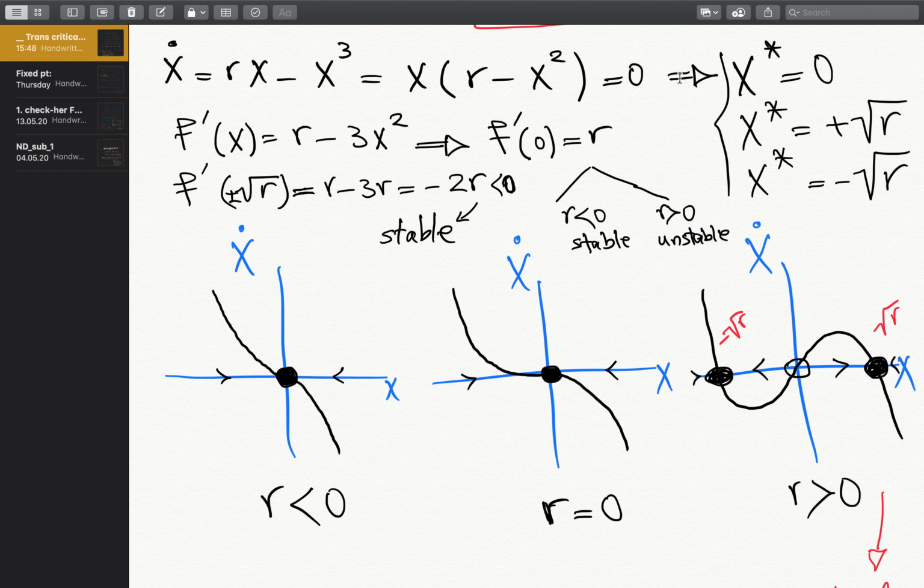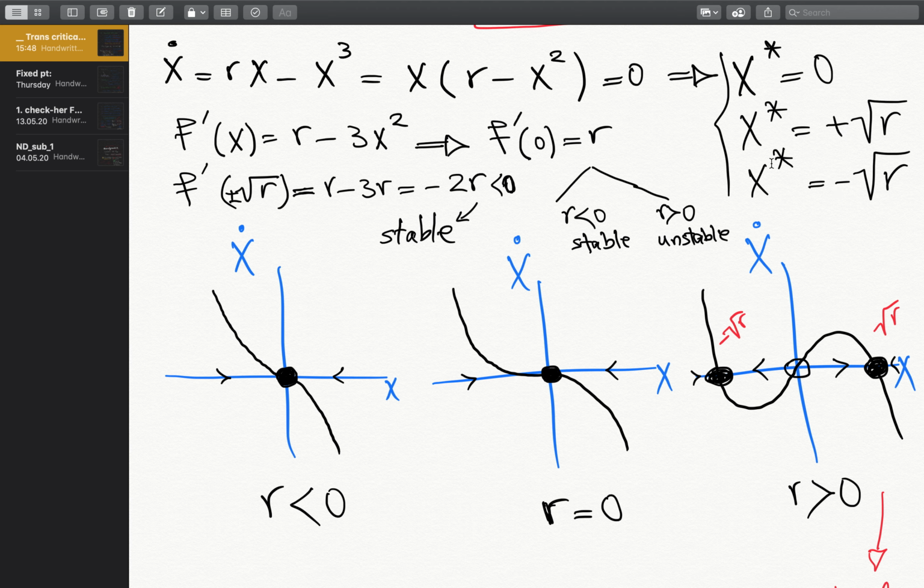So we put x dot equal to 0, therefore x star equal to 0 is one of our fixed points, as well as r minus x squared being 0, therefore x squared is going to be equal to r, and therefore x star can be plus or minus the square root of r.